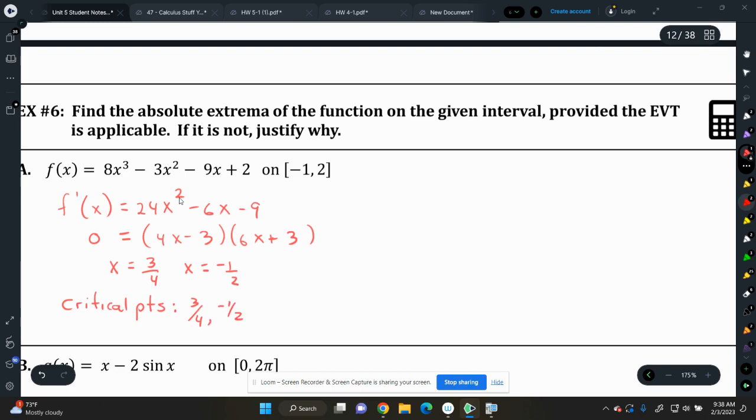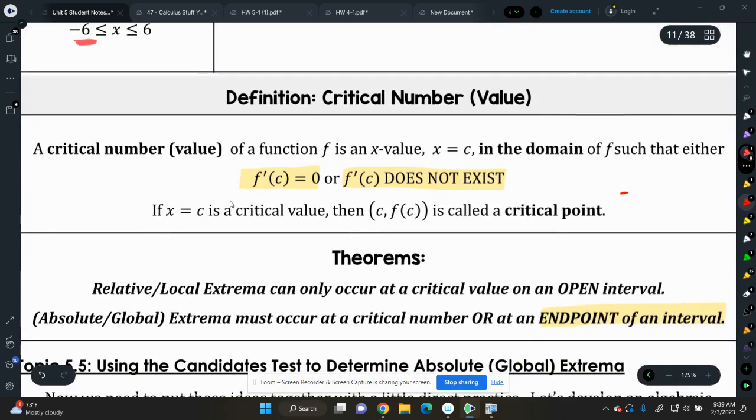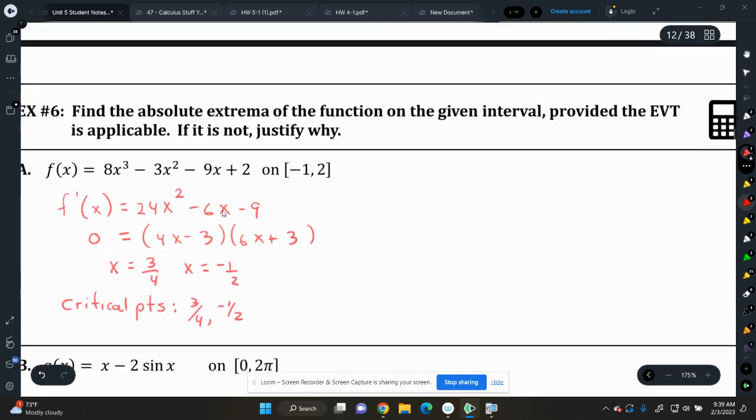The critical points are the zeros and the undefined points. Okay, go back up. The critical points are where f prime is equal to 0 or f prime does not exist. Here, f prime is a polynomial, so it's always going to exist.